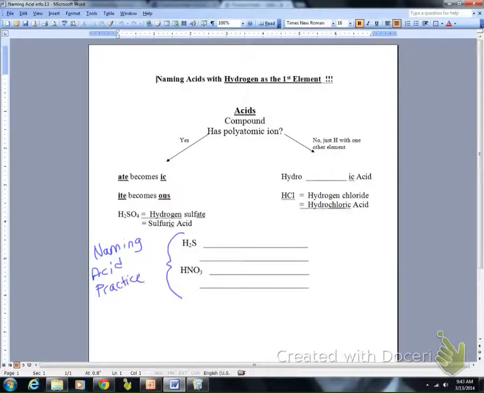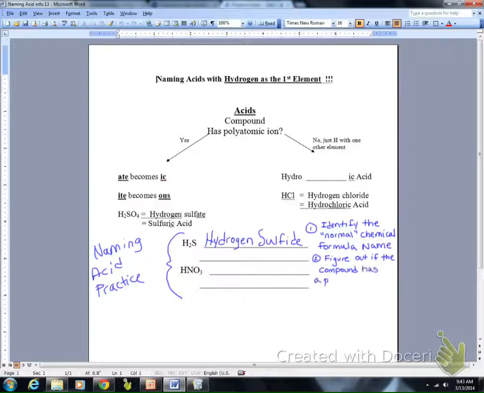Now if we look at our naming acid practice, the first thing we've got to identify is what the normal chemical formula name is, because that helps us identify the oxyacid or the binary acid. In our first example, our normal chemical name would be hydrogen sulfide. Then we figure out if the compound has a polyatomic ion present.